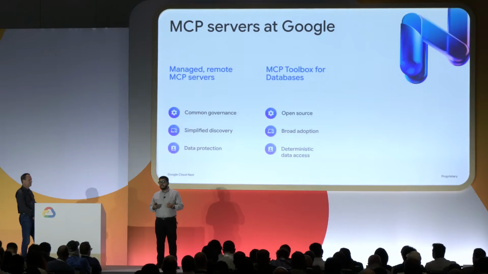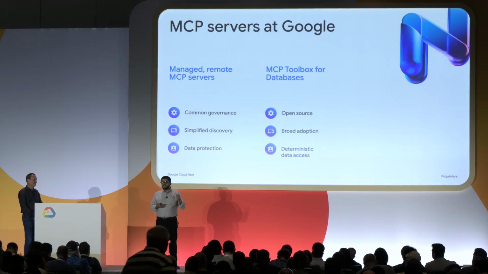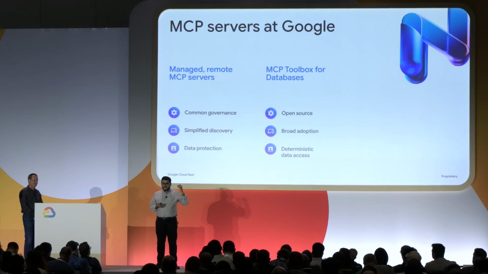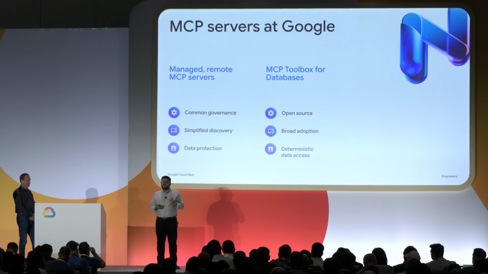For example, if I'm going to search for what sessions do I have where I'm presenting at Next, I don't want to see results for Yoav, or I shouldn't be able to pretend that I'm Yoav and see the sessions that he's presenting at. For those kinds of scenarios, parameter security makes sure that the user's identity that the application is passing over goes directly to the tool, so that the agent cannot interfere in between and do some sort of injection. So these are some really interesting capabilities which come in handy when you're talking about a production use case.